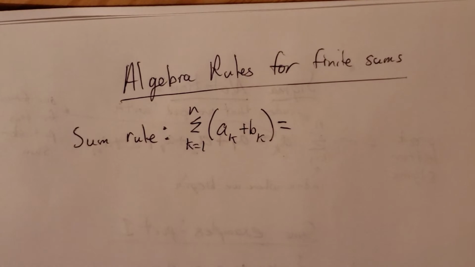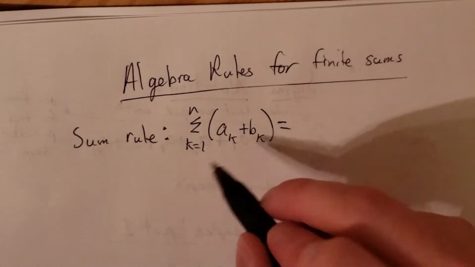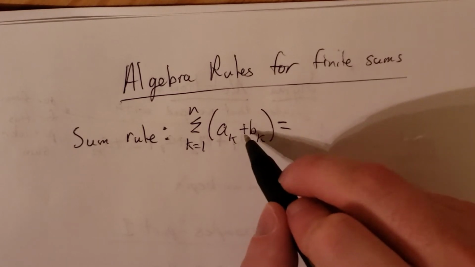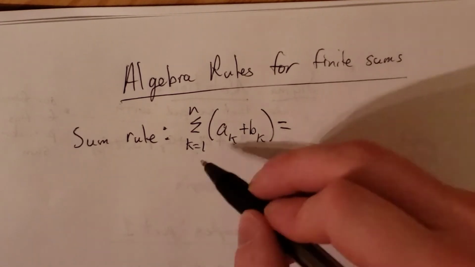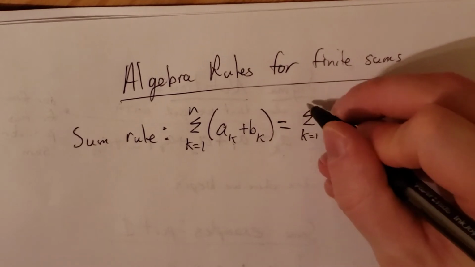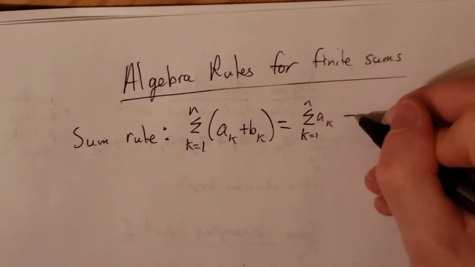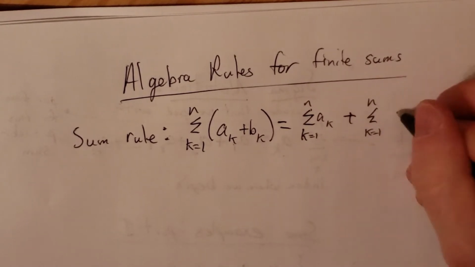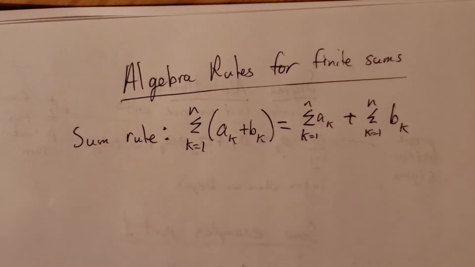It doesn't matter which. And if we add two formulas, or two expressions, inside of a sum, we can then separate these. So this is the same as the sum from k equals 1 to n of a sub k plus the sum from k equals 1 to n of b sub k.